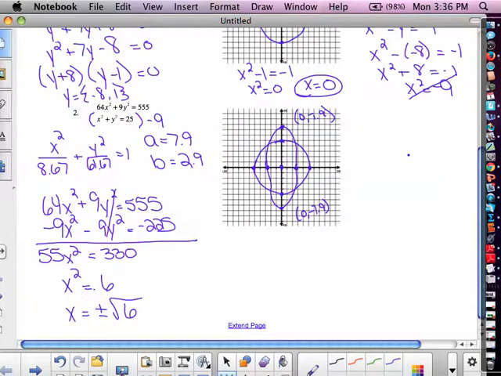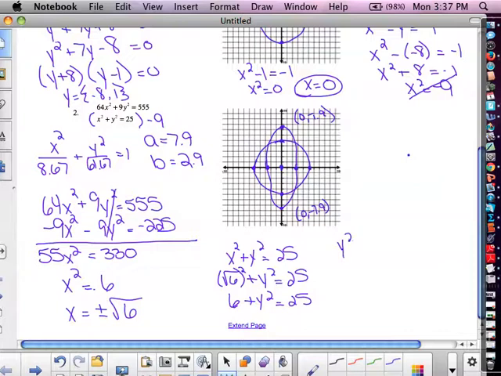So it looks like I have 4 solutions, so I'm going to use both positive and negative root 6 to verify these solutions. So I have x squared plus y squared equals 25. When I substitute in the square root of 6, I get 6 plus y squared equals 25.